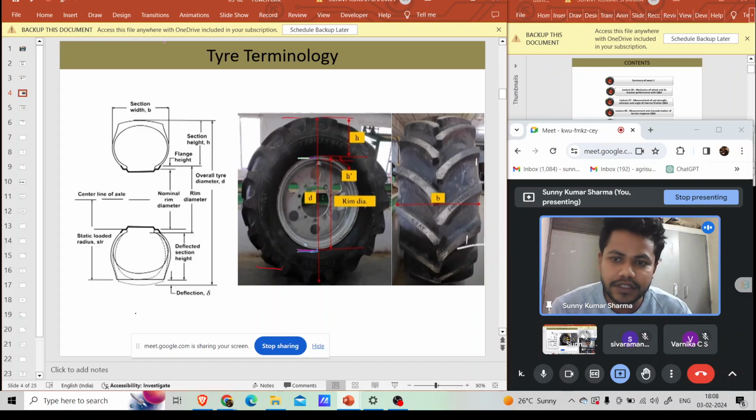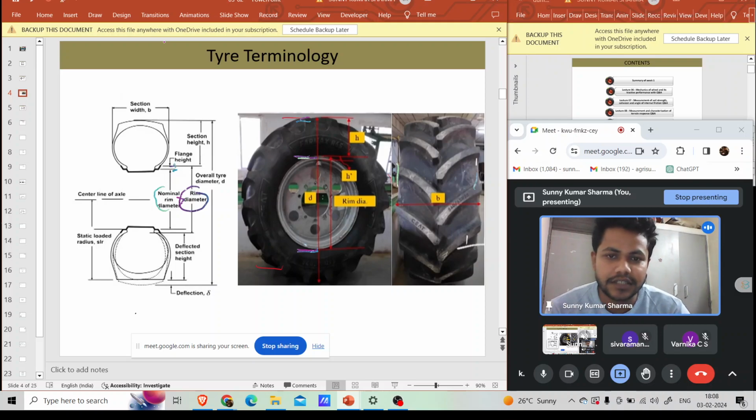It is not the same as the rim diameter, which is somewhat greater. If we add the flange height to the nominal rim diameter, we get the rim diameter, and this height is called the section height. The section height is not designated; the section width is designated on the tire.